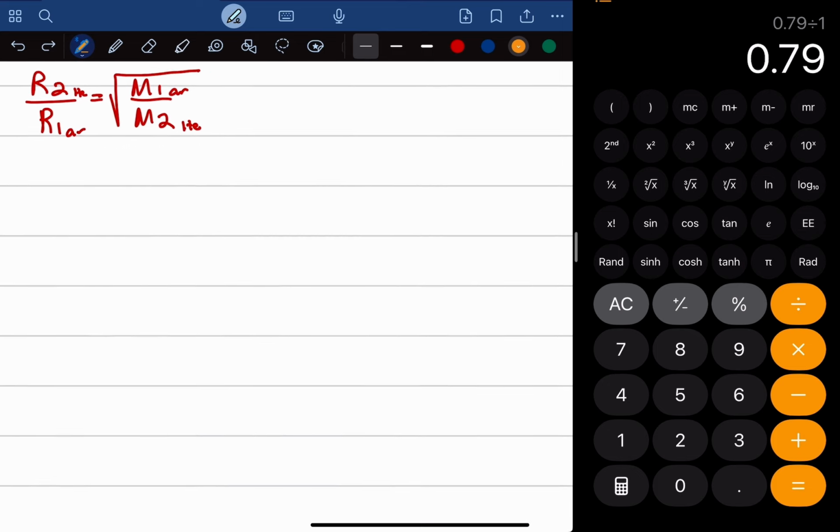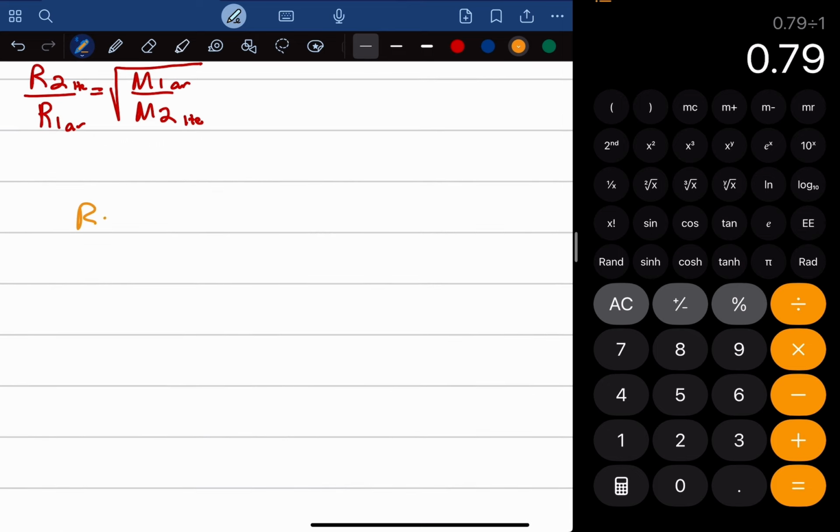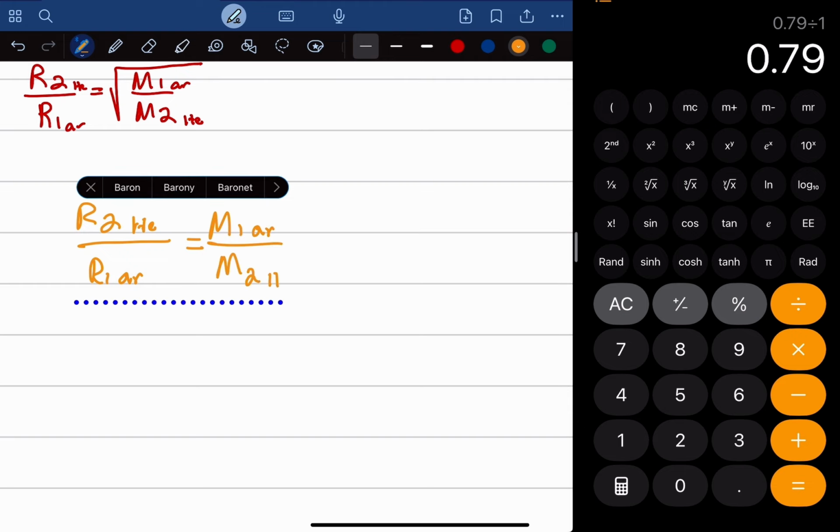Right, so as we stated, R2, which is helium, over R1, which is argon, equals the square root of M1, which is argon, over M2, helium.